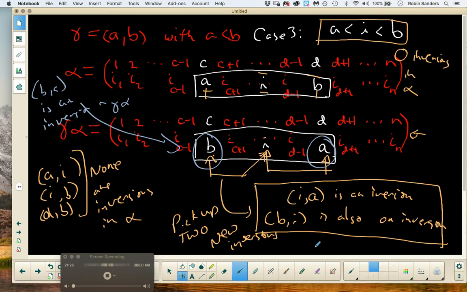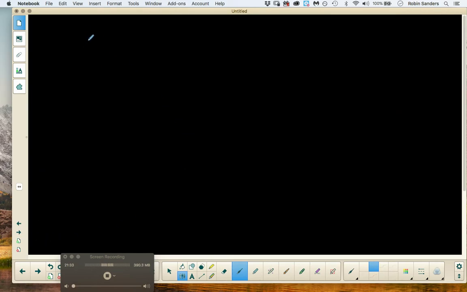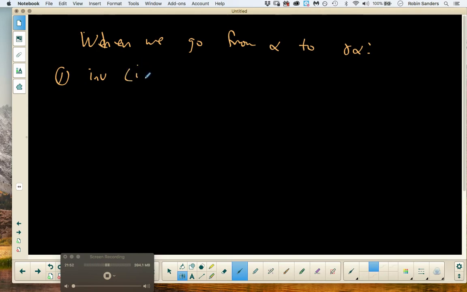And so what I want to do next is look at putting it all together. So when we go from alpha to first do alpha, then do gamma, well, let's see. The inversions that look like I something, I double something, are unchanged.